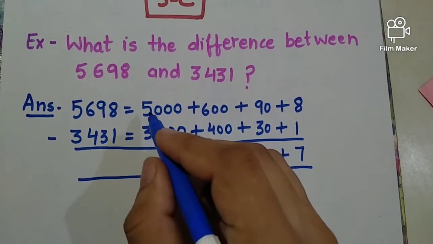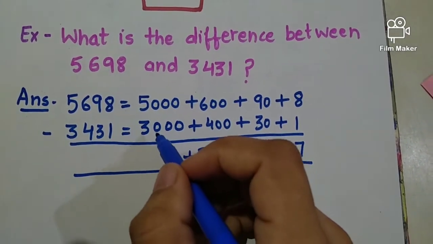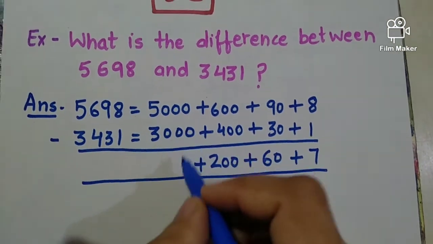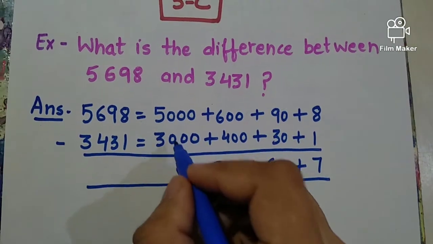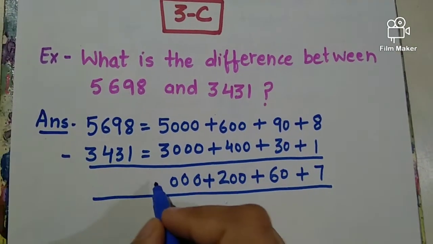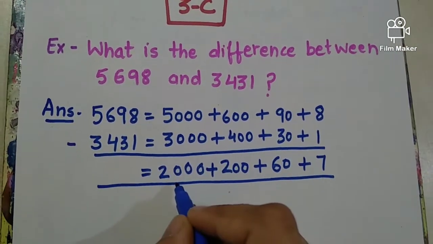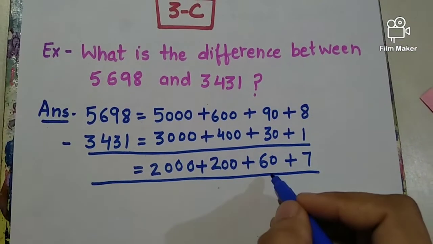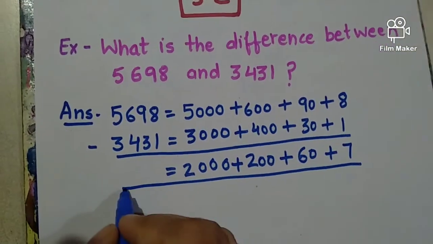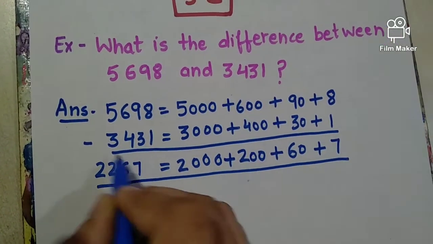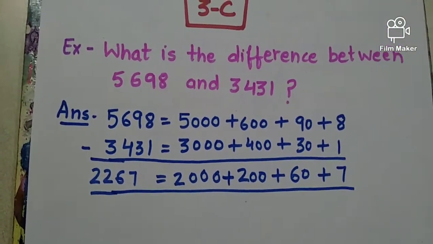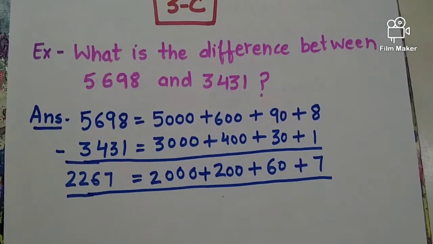Here 5000 minus 3000. 0 में से 0 subtract करेंगे 0. 0 में से 0 subtract करेंगे 0. इधर भी 0 and 5 में से 3 minus करेंगे we get 2. So we get 2000, 200, 60 and 7. Here our number is 2267. ठीक है? I hope आप सबको समझ आ गया होगा.